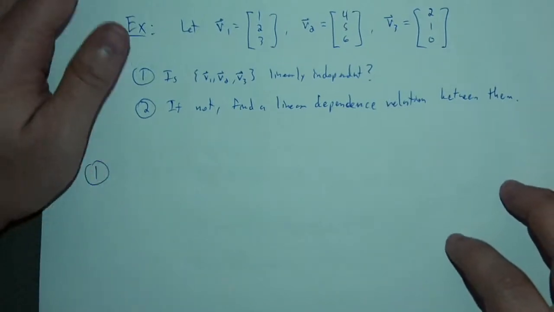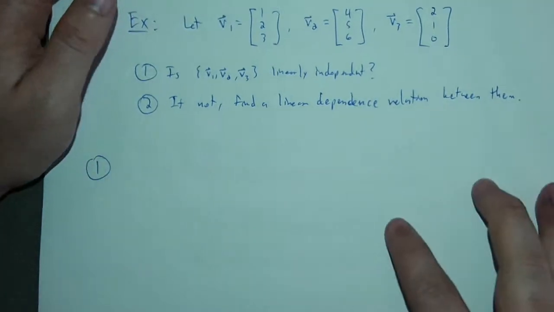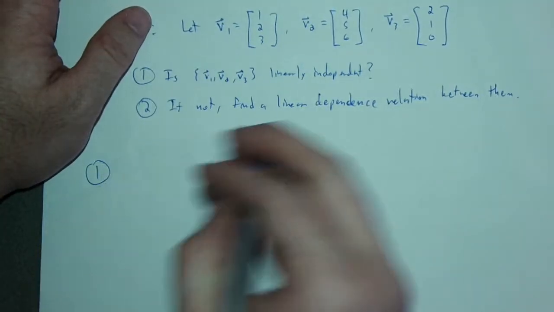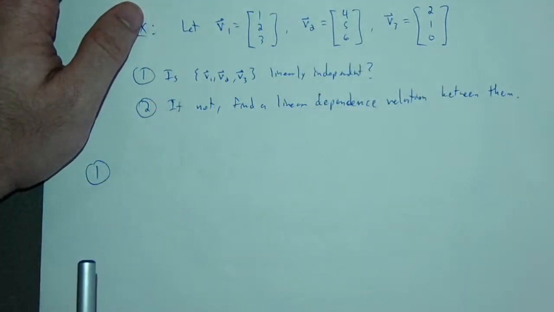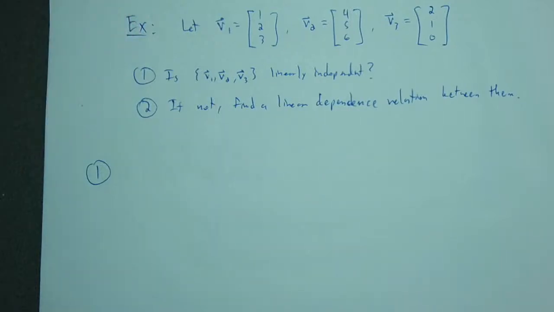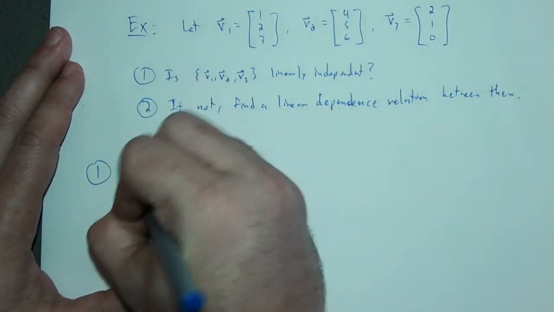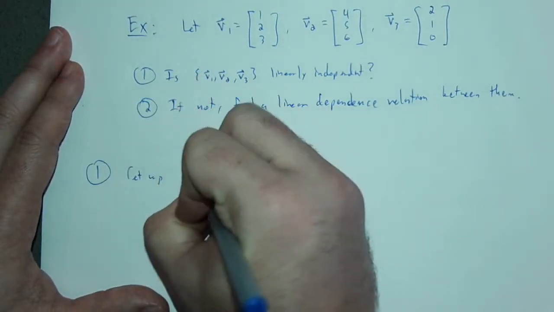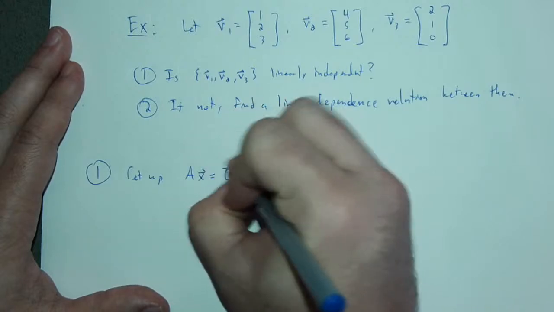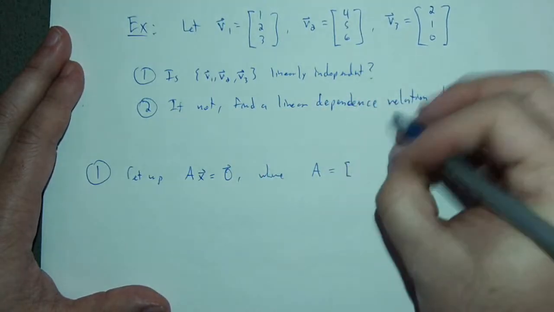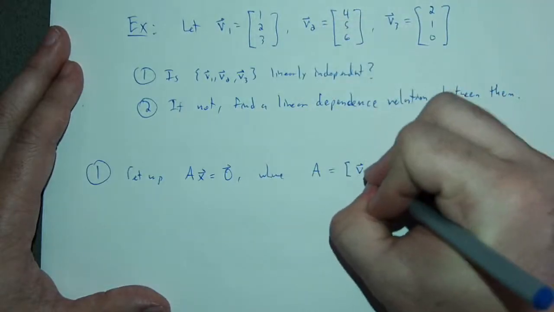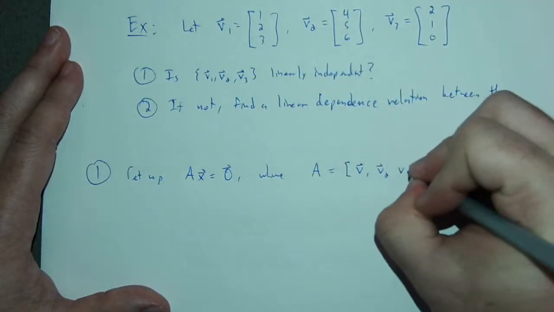All right. So if I'm setting up row operations, or if I'm setting up this vector equation to answer this, all I do is set up AX equals 0, where A has columns that are those three vectors.